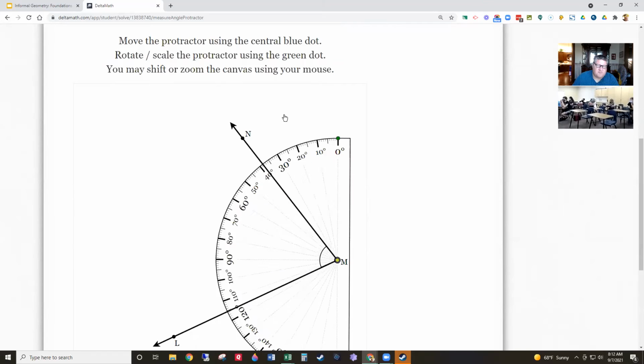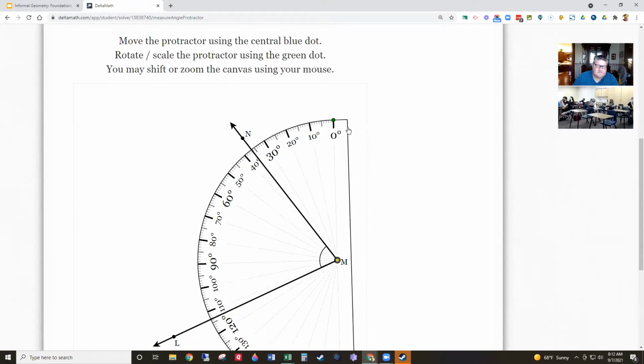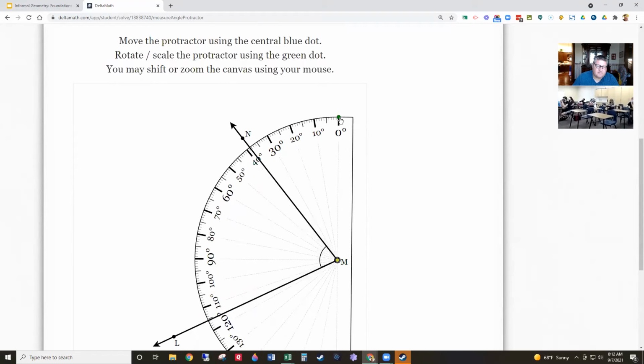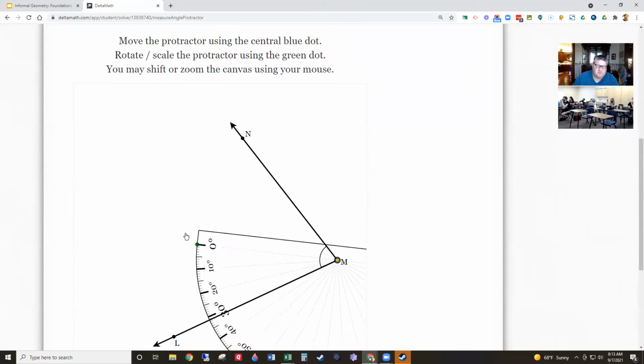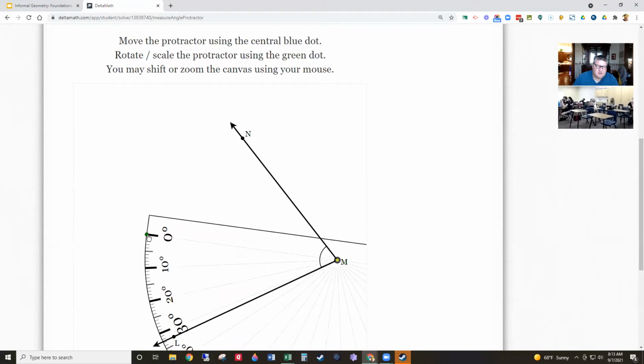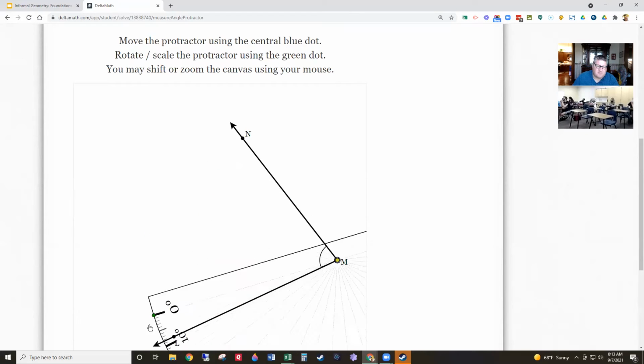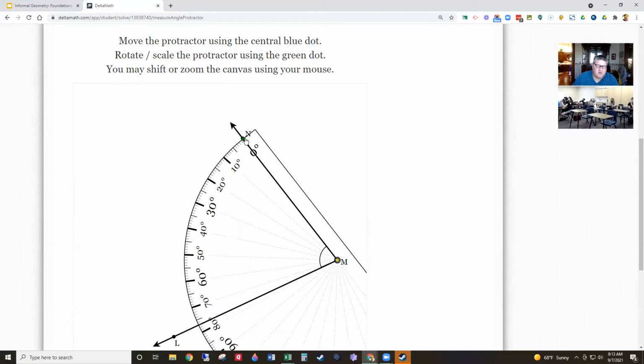Okay. Where do I put this green dot? It doesn't do me any good to put it over here, does it? I could put it on L, but then the measurement area is in the wrong spot. Could I put it over here? Now, how big is this angle, ladies and gentlemen?